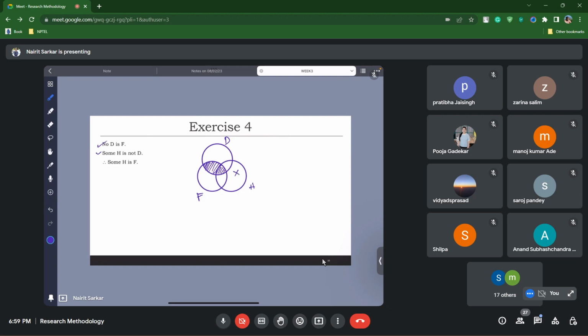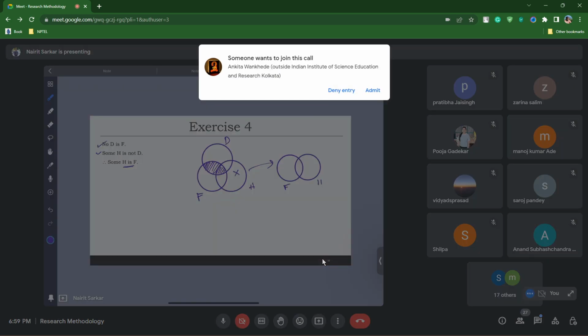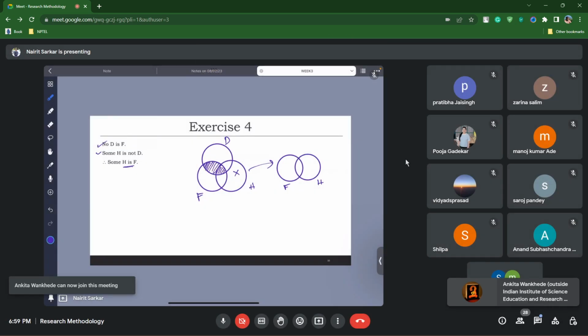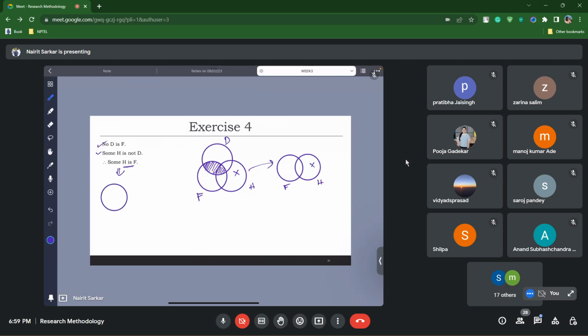So between H and F, how does it look? From the diagram we can see F here, H here and X here, right? Now from the conclusion we get H, F. Where should I put X? 1 or 3?